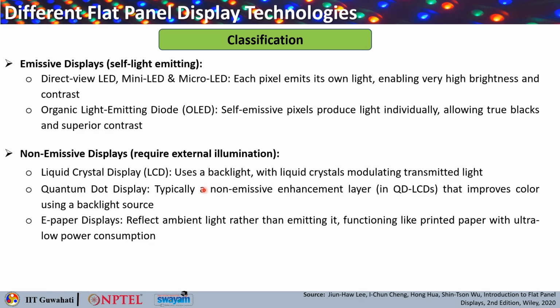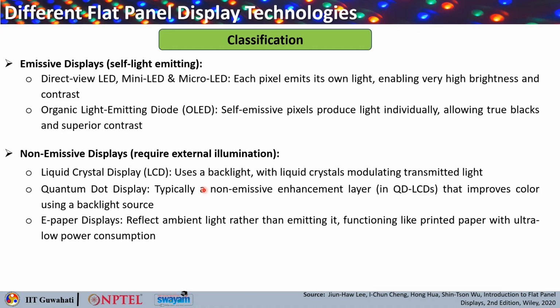A blue LED backlight is used that shines through a layer of quantum dots, which are nanocrystals, typically 1 or 2 nanometer in diameter, and each of these can emit light of a specific wavelength, red or green, depending on their size. So, that is how the quantum dot display works.